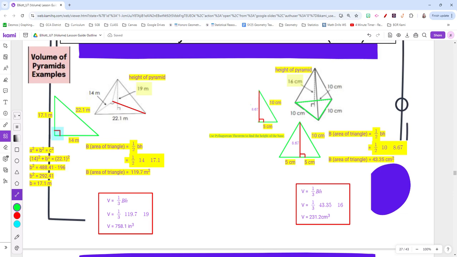That gives us an area of that triangle, which is our big B value, of 43.35 centimeters squared. We're then going to put that into our formula. And if I look back at my picture, the height of my pyramid is 16. Once we multiply all of that together, we're going to get 231.2 centimeters cubed.